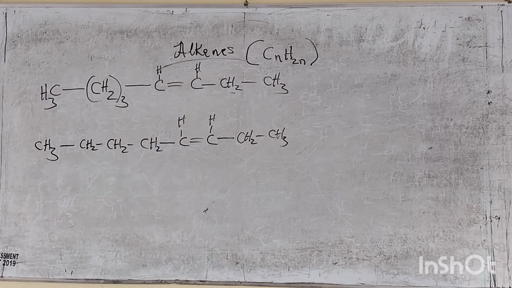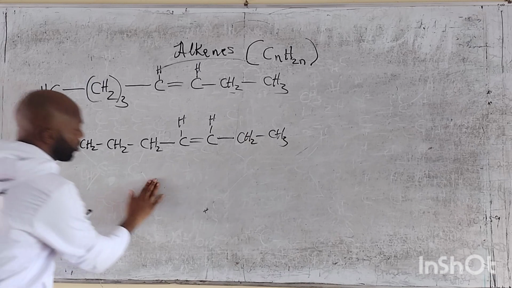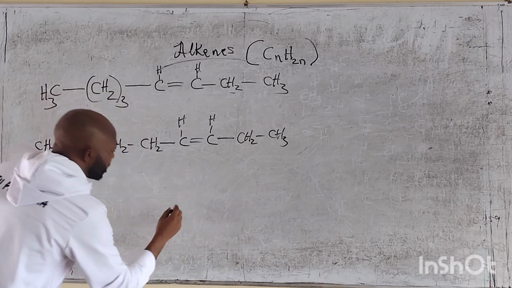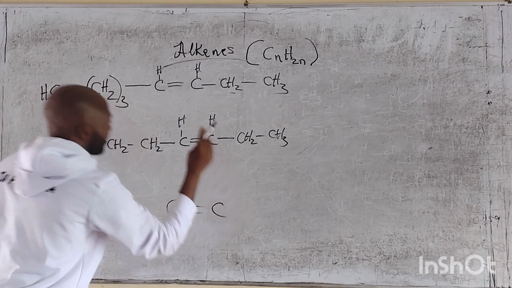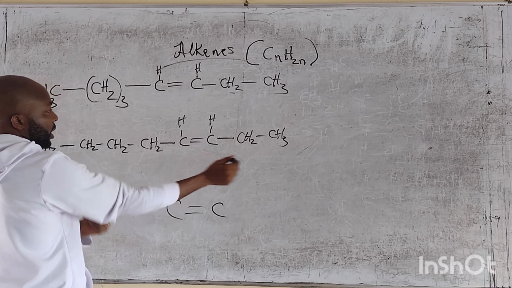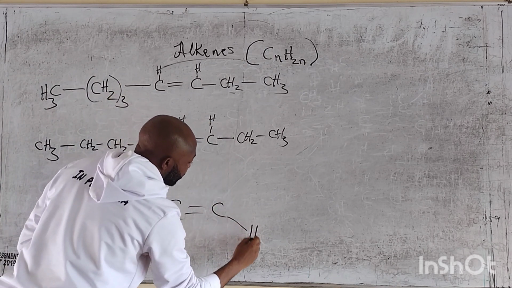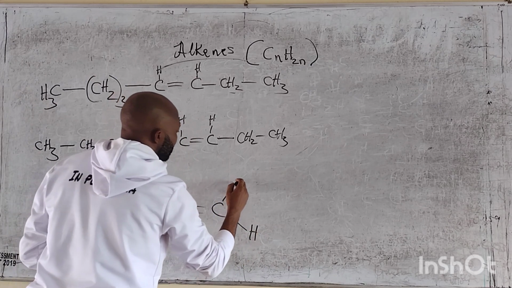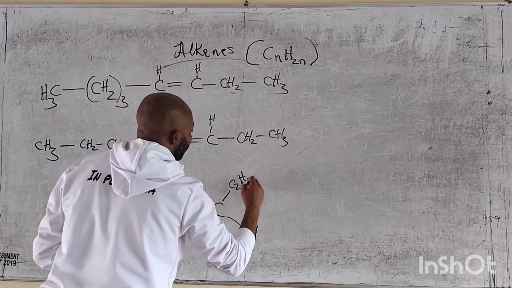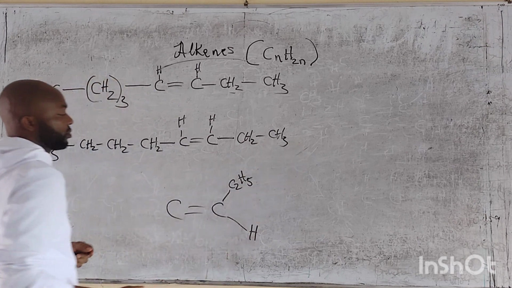Now, if I want to position them in a cis and trans manner, this is what I can do. I will come down here. This is my double bond. And this is the hydrogen. This is C2H5, an ethyl group.